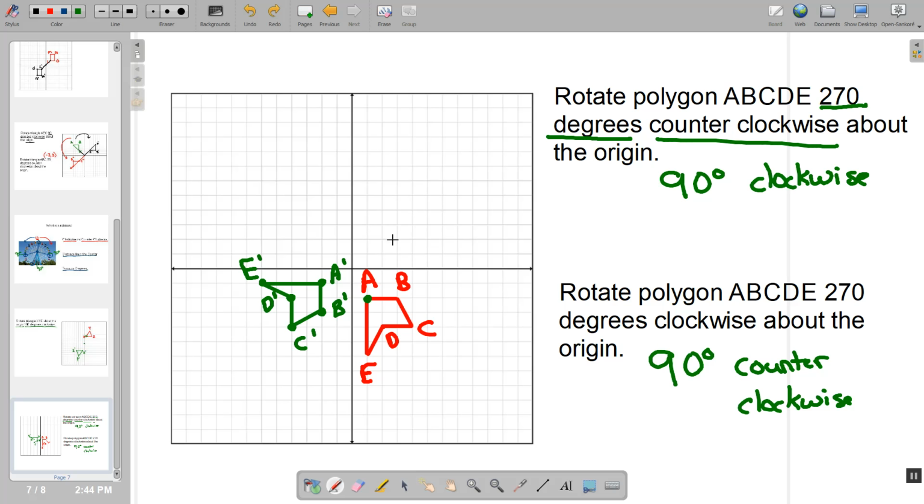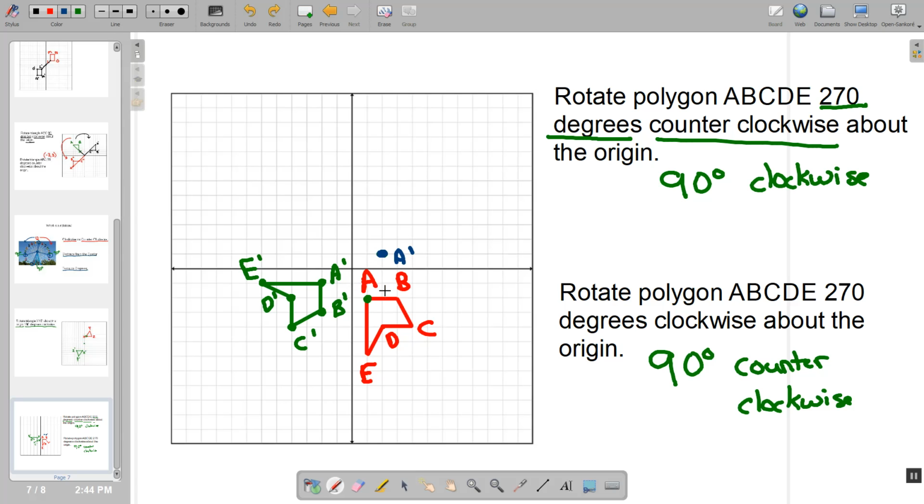Okay, so now A is still the closest point, and it is 1 unit away from the y-axis, so it needs to be 1 unit away from the x-axis, so up here. So that means it's going to be over 2 and up 1, and there is our A prime. We're going to do this in a different color here, so we'll do A prime right there.